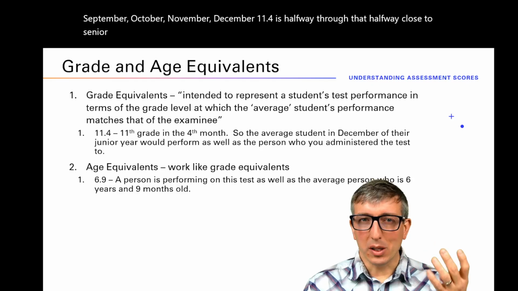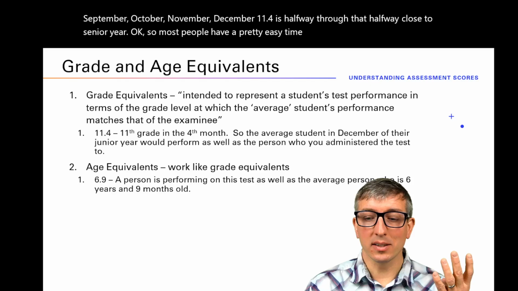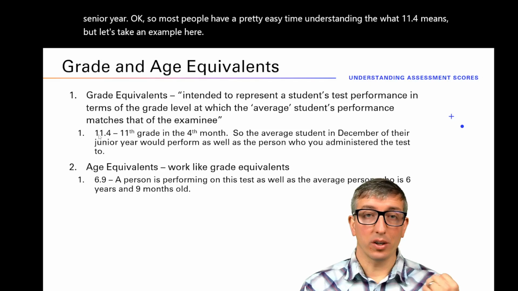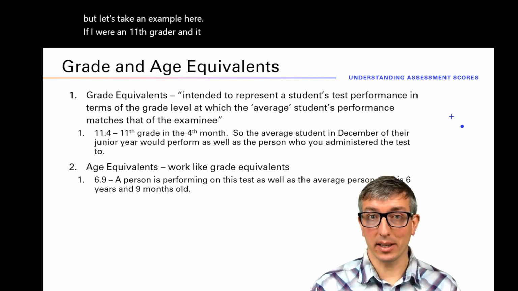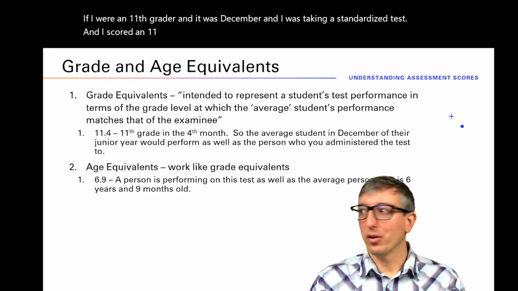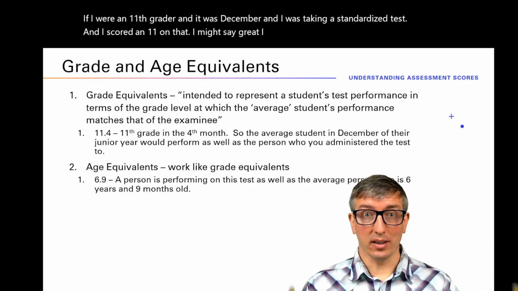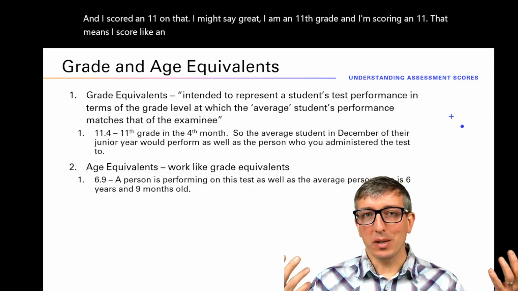So most people have a pretty easy time understanding what 11.4 means, but let's take an example here. If I were an 11th grader and it was December and I was taking a standardized test and I scored an 11 on that, I might say, great, I am in 11th grade and I'm scoring an 11. That means I score like an 11th grader would, but it puts me a little bit behind.